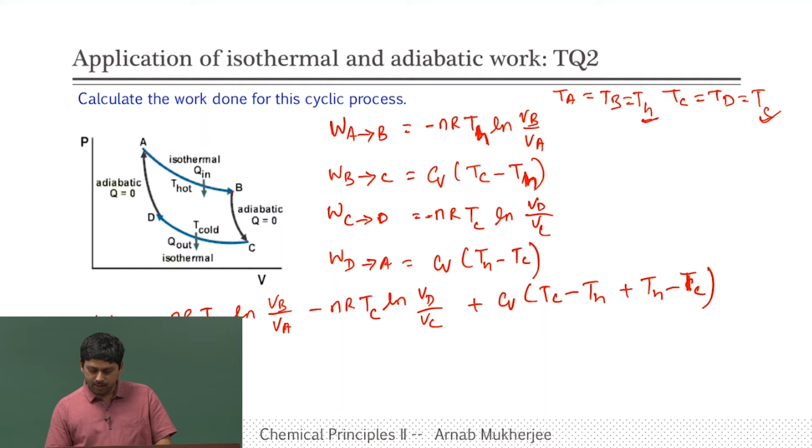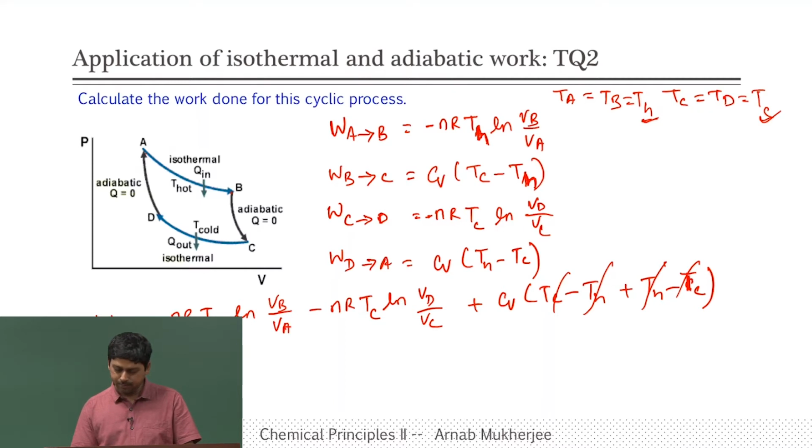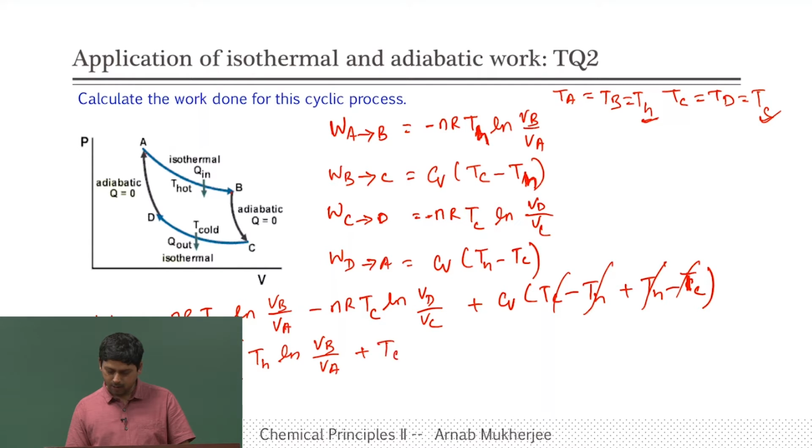So, you can see that this gets cancelled out and only this is remaining, and we can take minus NR common and it will be Th ln Vb by Va plus Tc ln Vd by Vc.